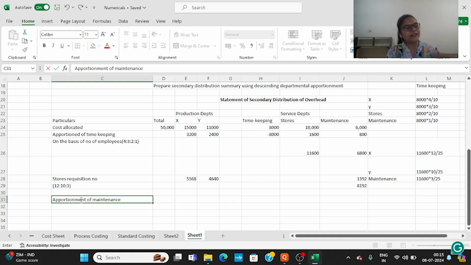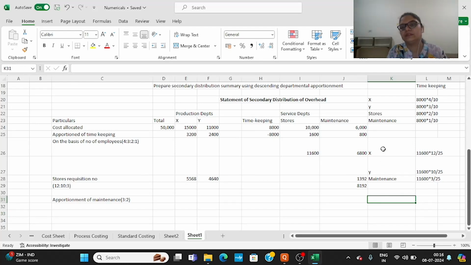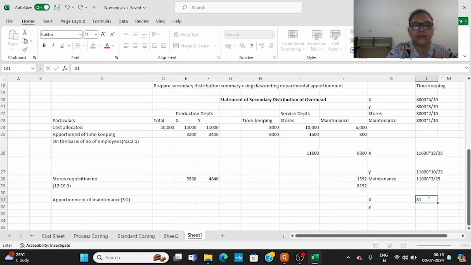Apportionment of maintenance is done on machine hour basis, that is the ratio of 3 is to 2. Now 8192 will be distributed in department X and department Y.